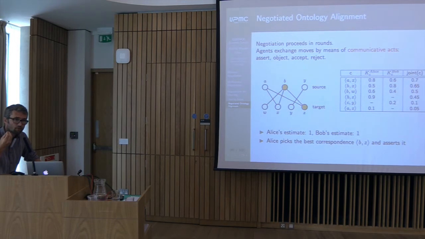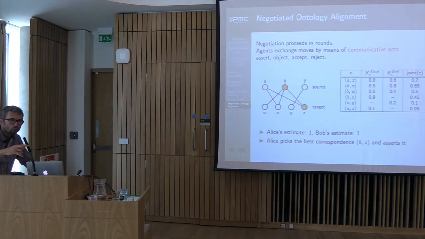If the agent finds in her base that there is some candidate for a better correspondence, she will object to the current offer and try to propose this new correspondence, which again can be contradicted by the other one, and so on. So this is where we have this negotiation process.